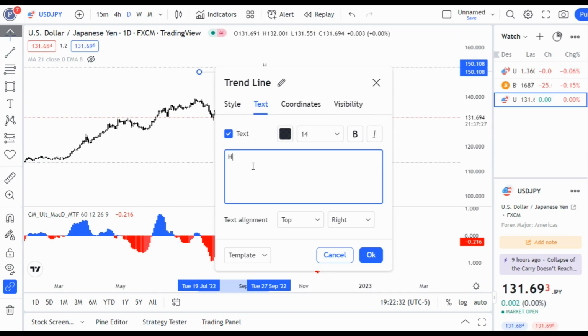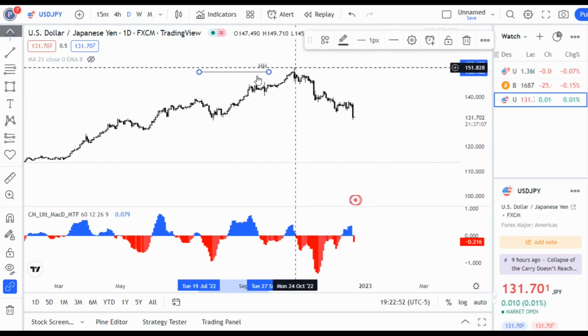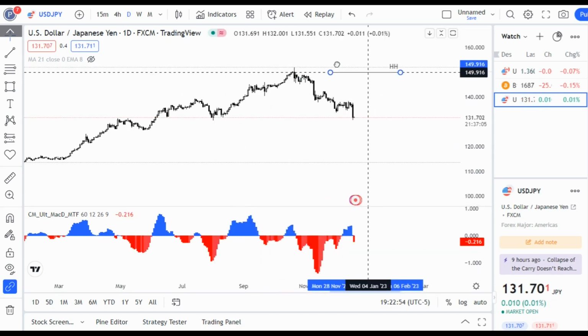Consider this as a higher high, so this higher high here.